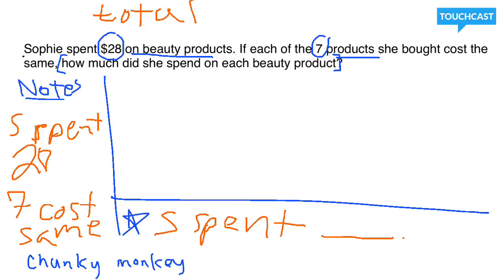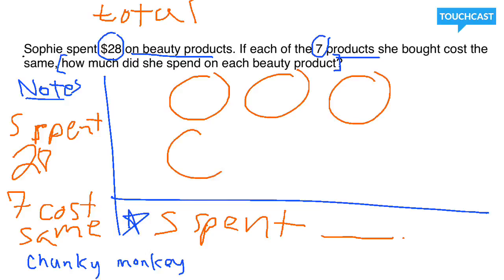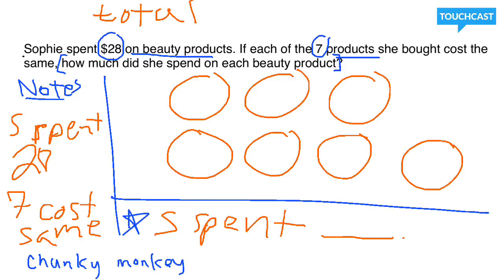Since we know 28 is our total, let's use circle dot again, and we will make 7 circles, because for 7 products, 1, 2, 3, 4, 5, 6, 7. We've got our 7 products, and now we need to figure out how much each of those products cost, because we know they all cost the same. 1, 2, 3, all the way up to 28.